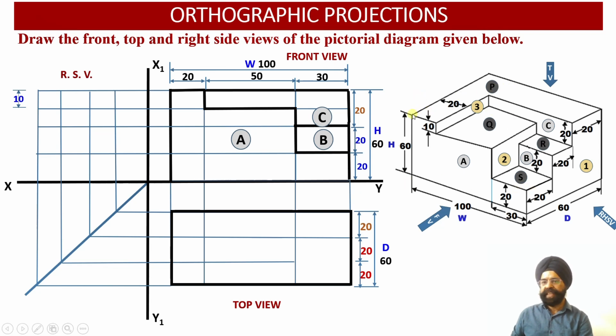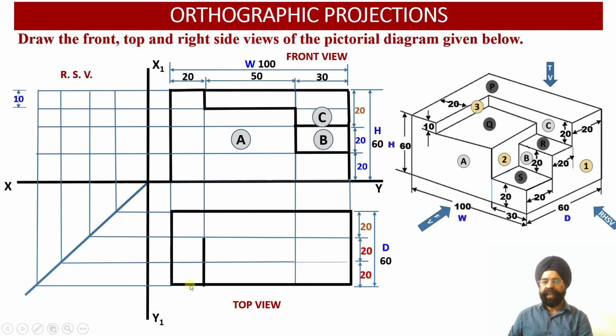So surface P is having, please check, width equal to 20 millimeter over here, and then if we talk about the depth, this depth will be 20 millimeter and then this width will be 80 millimeter. So this is 80 millimeter over here, 80 by 20, and then over here I am going to get this width as 20 millimeter.